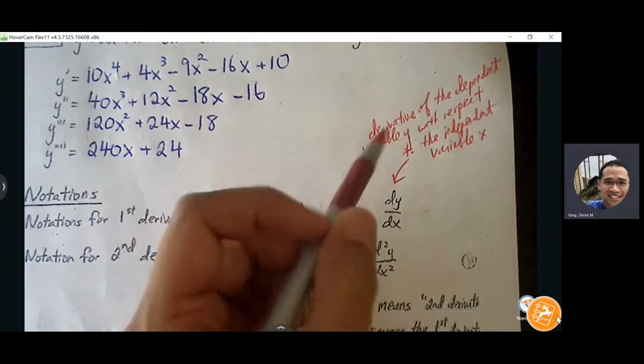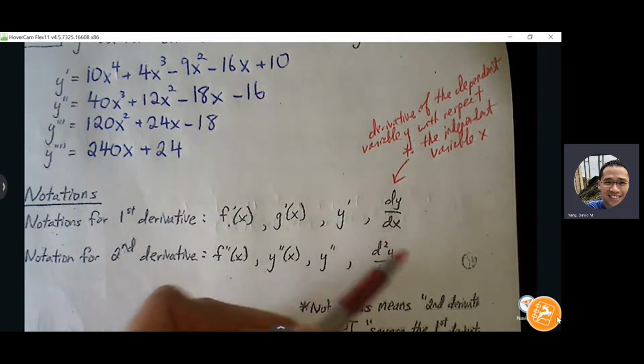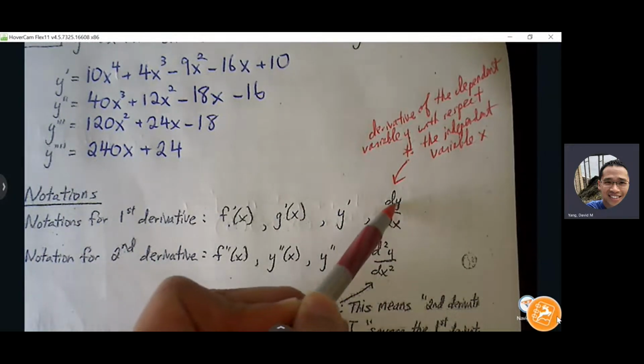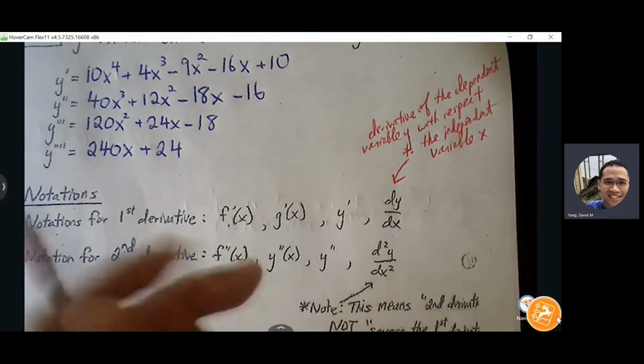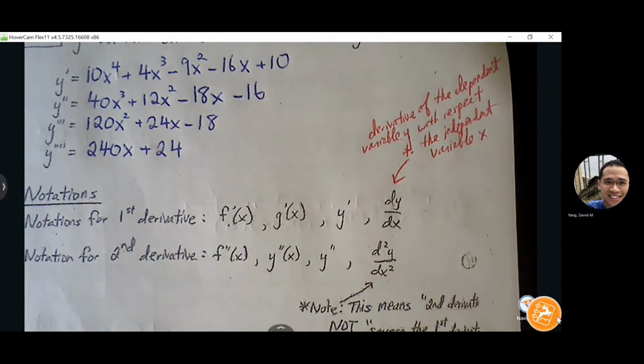So dy dx is very descriptive. It tells us that we're finding the derivative. It tells us what the dependent variable is, and it tells us what the independent variable is. Okay. So that's what that dy dx tells us.